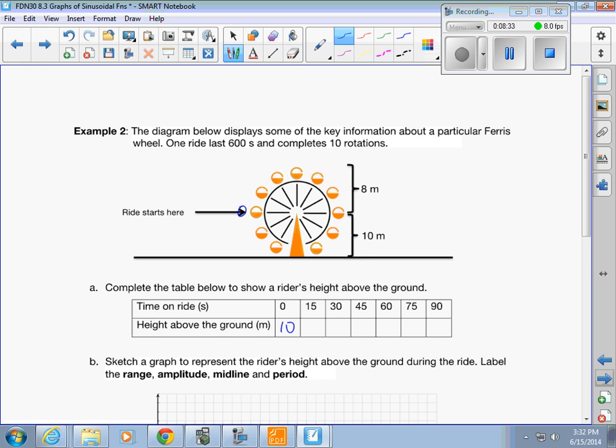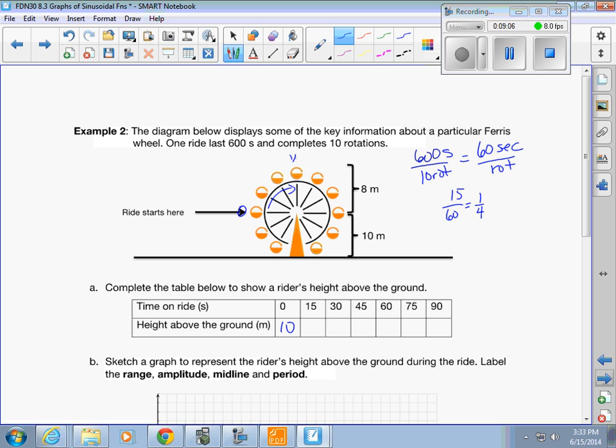Just to do the calculation, if it takes 600 seconds to complete the ride, and there's 10 rotations, we know then that it's 60 seconds per rotation. So 15 out of 60 is going to be 1/4 of the ride. So at 1/4 of the ride, he's gone from here to here.